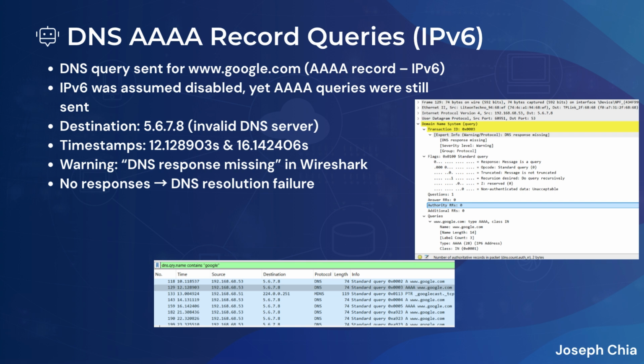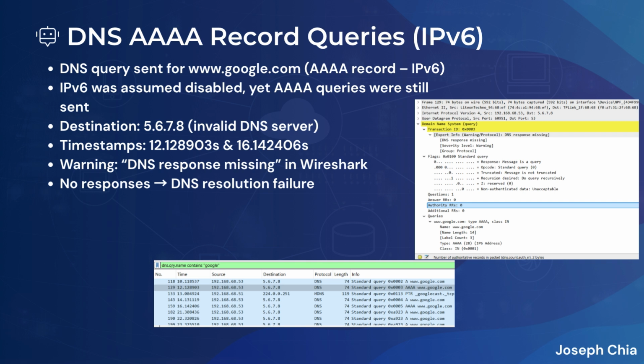This tells us that either IPv6 wasn't completely turned off or some applications are explicitly trying to use IPv6 anyway. These packets were sent to the DNS server 5.6.7.8, which is actually an invalid DNS server, resulting in no replies. Wireshark flagged this with the warning "DNS response missing." This contributes to DNS resolution failure.